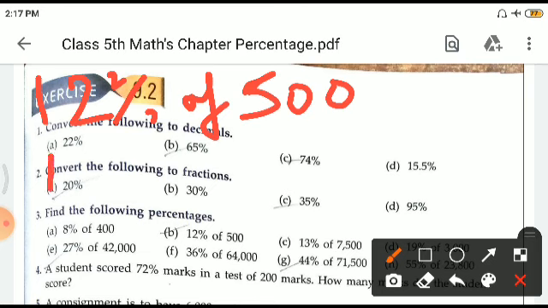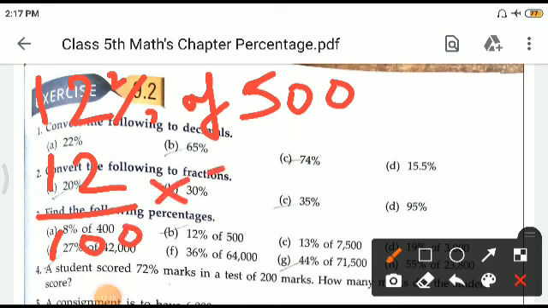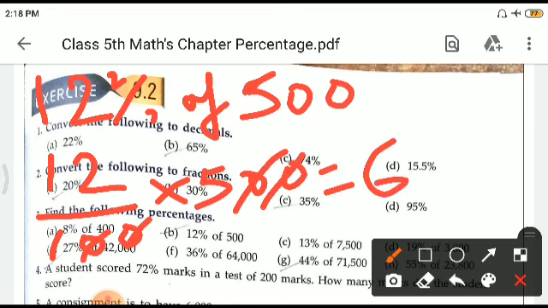So 12 upon 100 into 500, right? The zeros cancel out and we are left with 12 fives, which is 60, and 60 is the answer. Right, children? So I'm sure you will find it very, very simple by now how to do these kinds of questions, right?